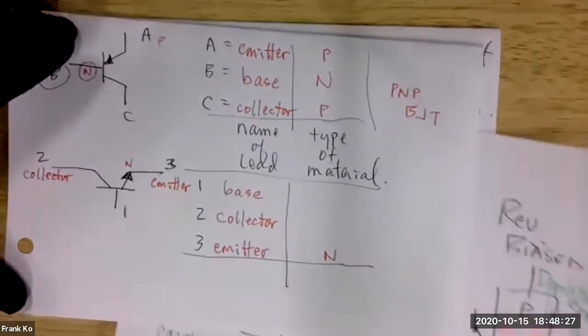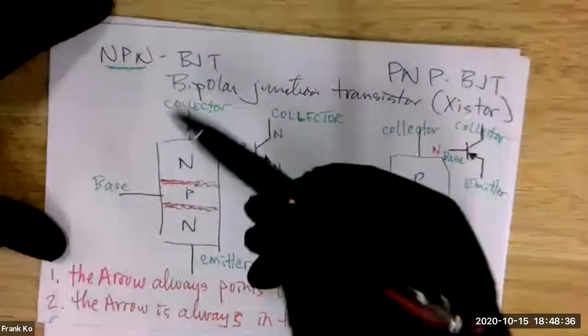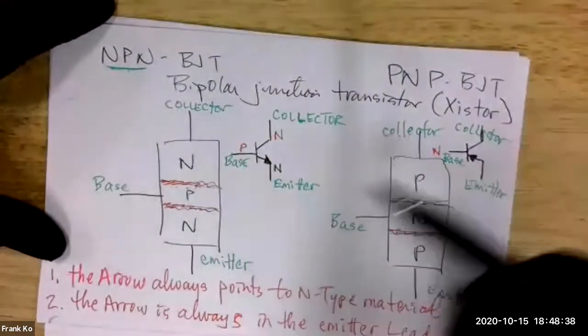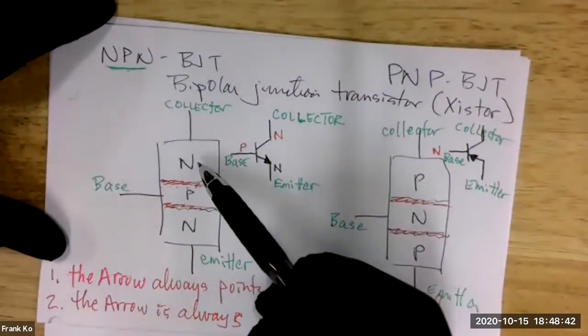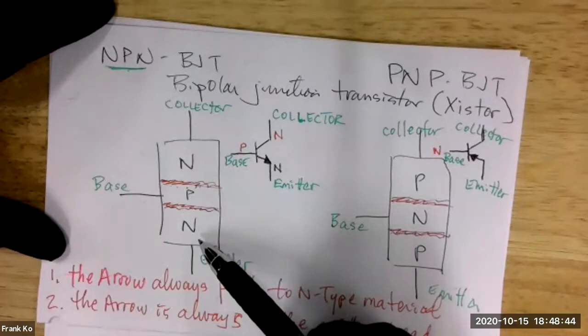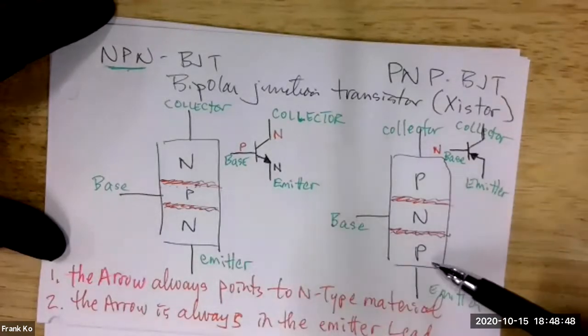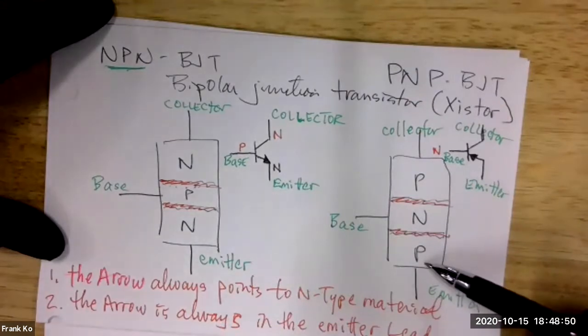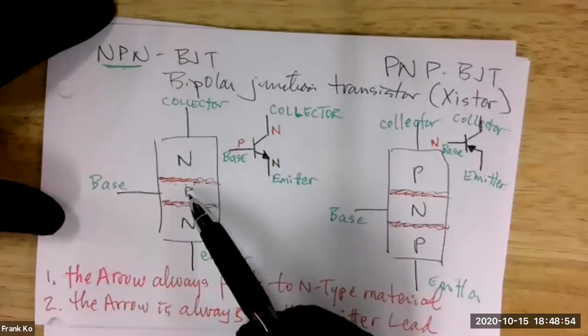You are both incorrect. Again, if we look at the BJT, remember, it's either going to be NPN or it's going to be PNP. If one of my outside leads is an N, then the other outside lead must also be N. If one of my outside leads is P, then the other outside lead must also be P, because what's sandwiched in between is the odd material.